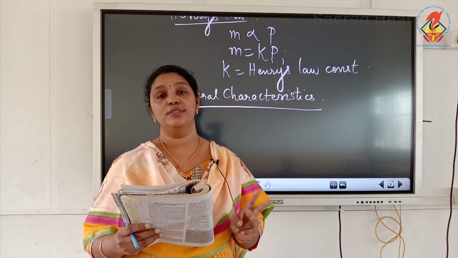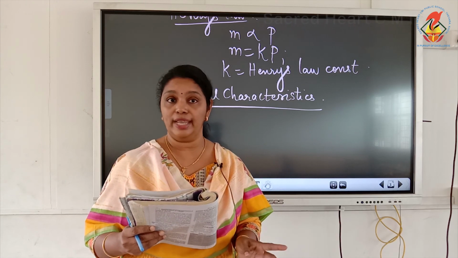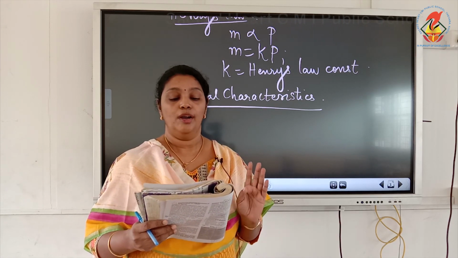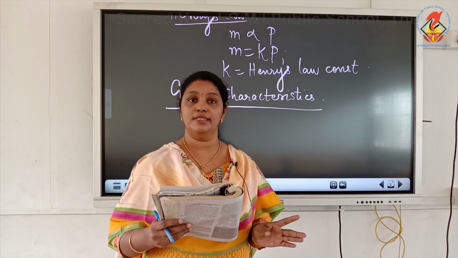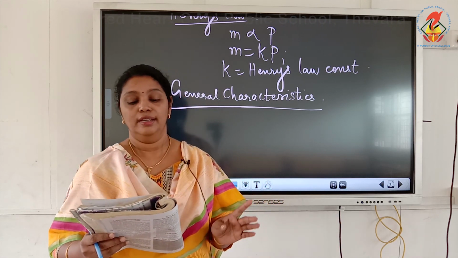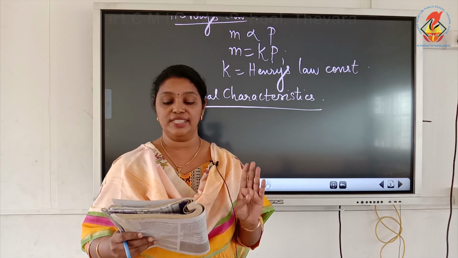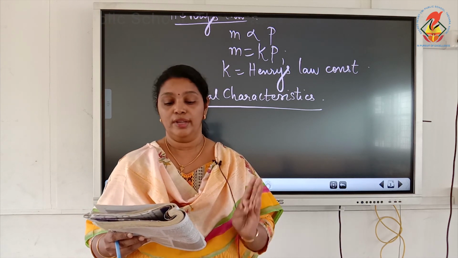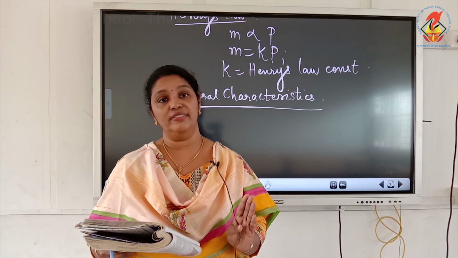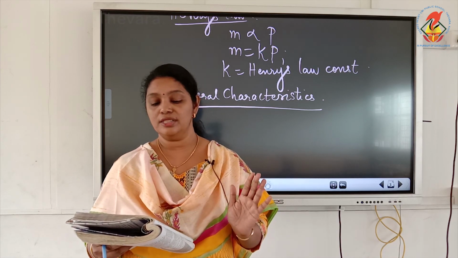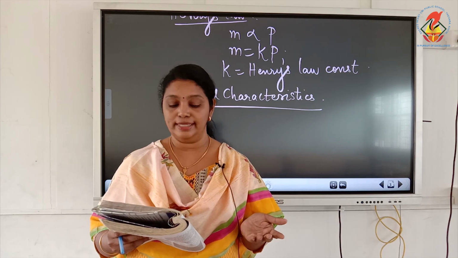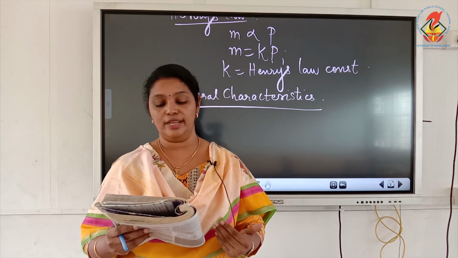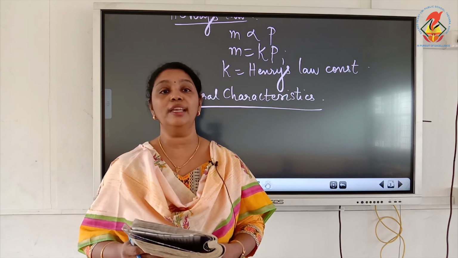Second, both the opposing processes occur at the same rate, and there is a dynamic but stable condition. Third, all measurable properties of the system remain constant. When equilibrium is attained for a physical process, it is characterized by a constant value of one of its parameters at a given temperature. And the last one: the magnitude of such quantities at any stage indicates the extent to which the reaction has proceeded before reaching equilibrium.